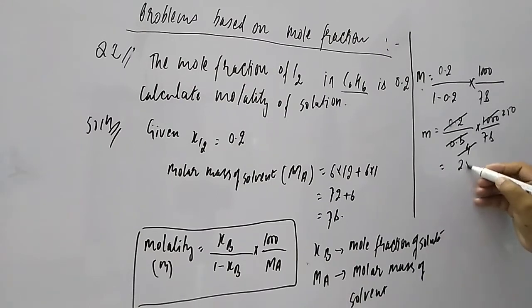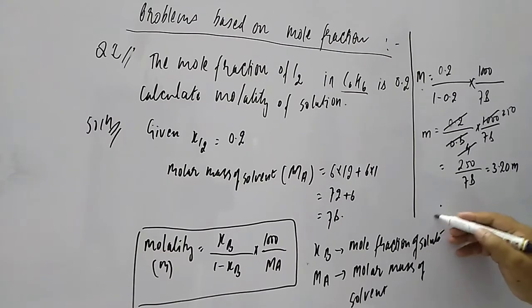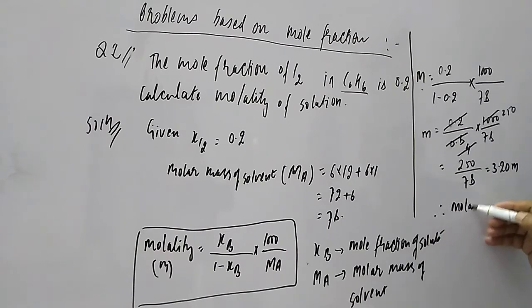So here it is coming 250 upon 78, and if you divide this, it is coming 3.20. Therefore, molality is equal to 3.20 molal. This is our answer.